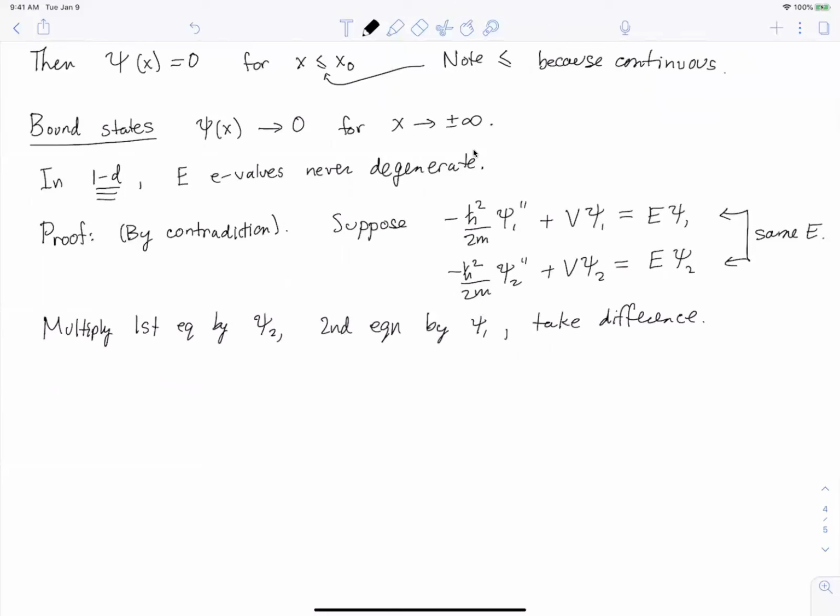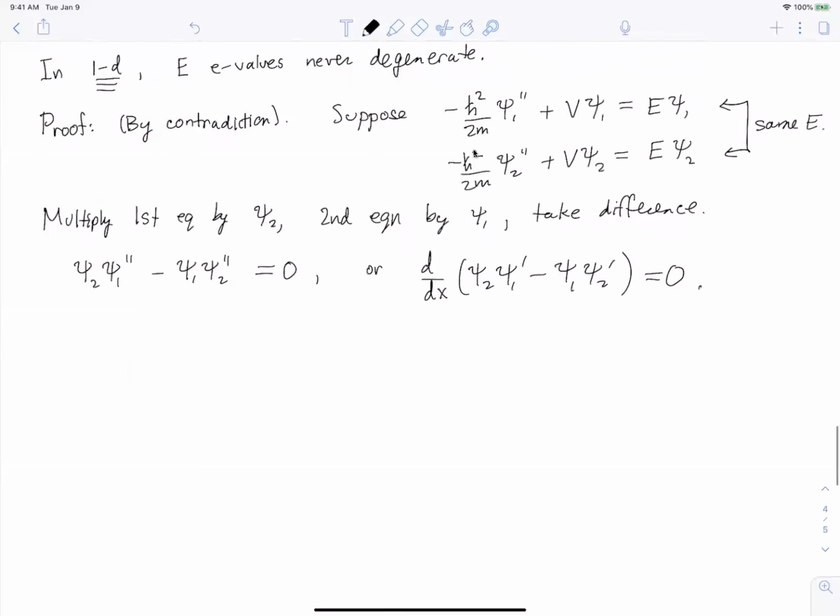In this case, it amounts to just psi2 psi1 double prime minus psi1 psi2 double prime equals 0, because when you take the difference, the rest of this just cancels out, which is convenient. Or we can write this as d by dx of psi2 psi1 prime minus psi1 psi2 prime equals 0.